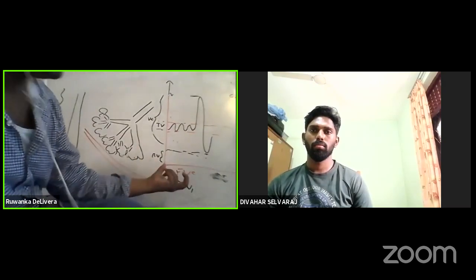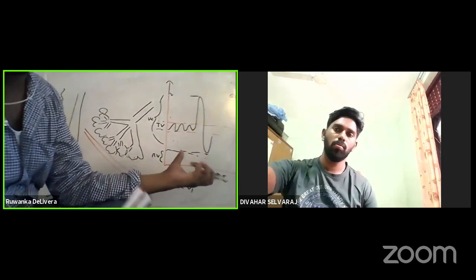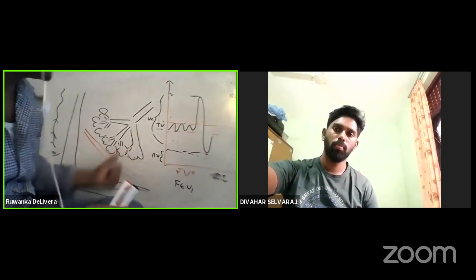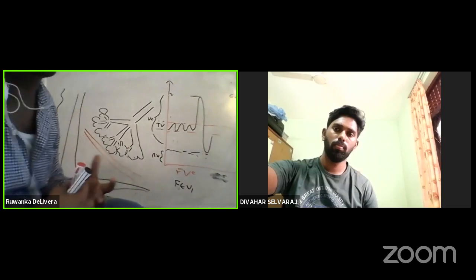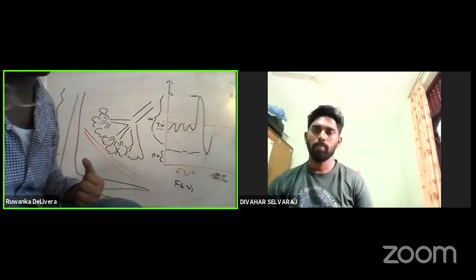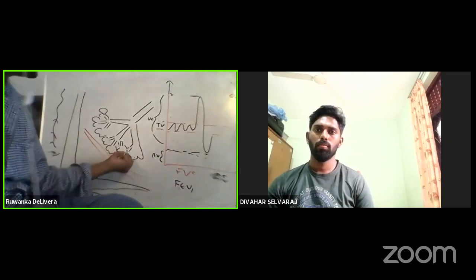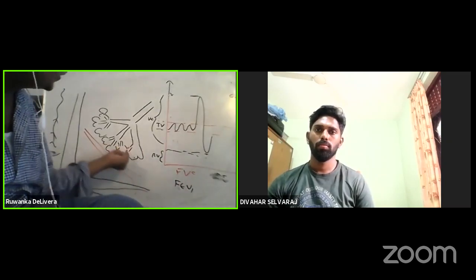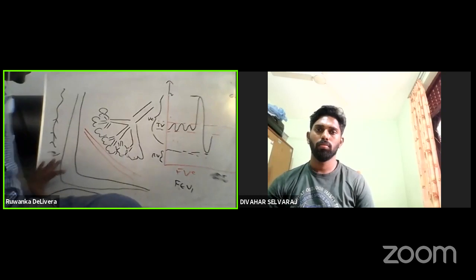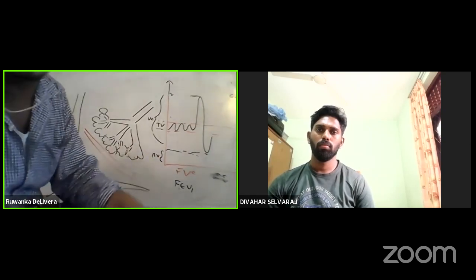So forced vital capacity is a very good indicator to assess the compliance of the alveoli as well as the respiratory muscles. So if FEC is low, it means either a problem in the intraparenchymal alveoli, or a problem in the respiratory muscles outside.